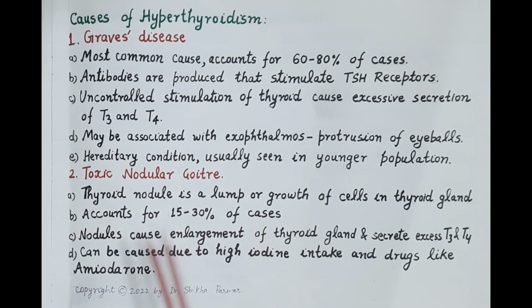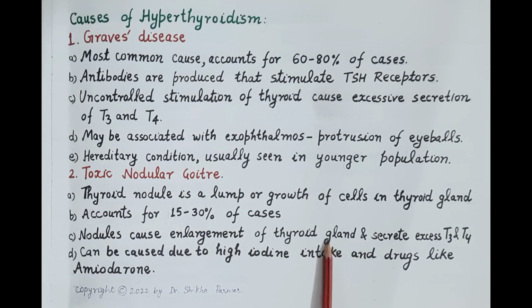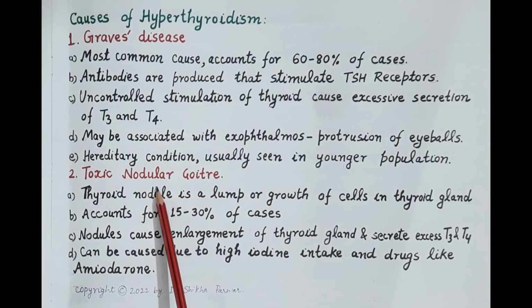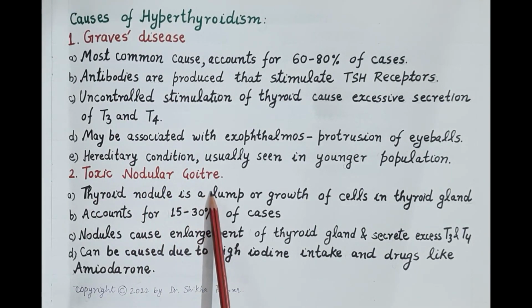In this disease, nodules cause enlargement of thyroid gland, and these nodules produce excessive T3 and T4. And this toxic nodular goiter can be caused because of high iodine in the diet and also because of drugs like amiodarone. So, these are the two main causes of hyperthyroidism, namely Graves' disease and toxic nodular goiter.